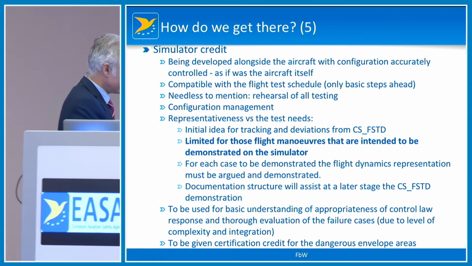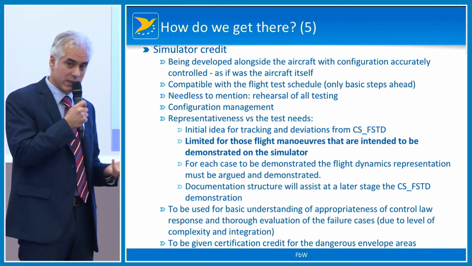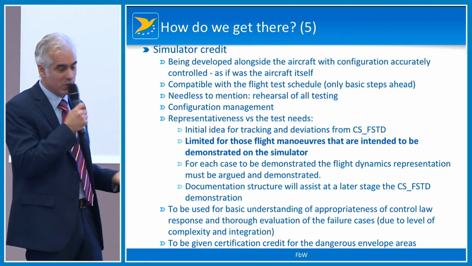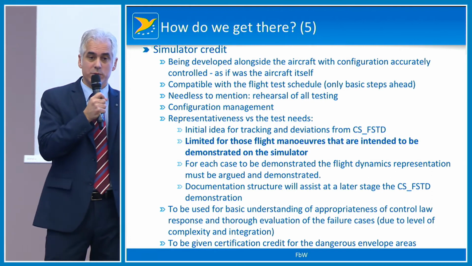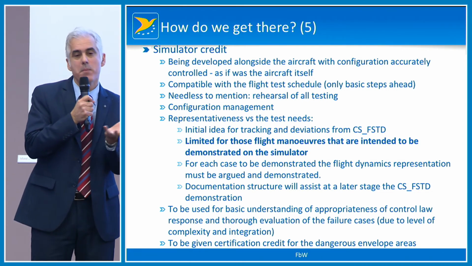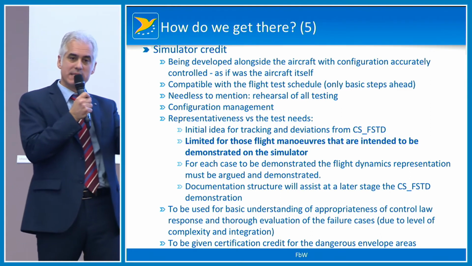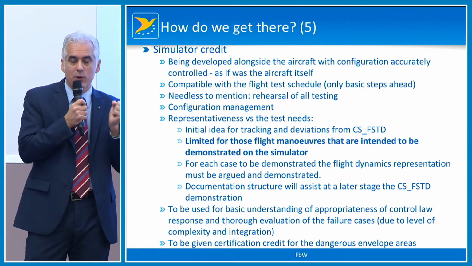So, how do we get there? Simulator credit. How do we do this? How do we test all of this? In a simulator. How do we do that? We have an aircraft we don't know. We don't know its basic performance, based on which we have to model something on the ground which is equally unknown.